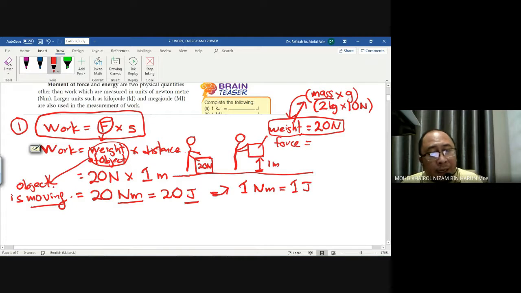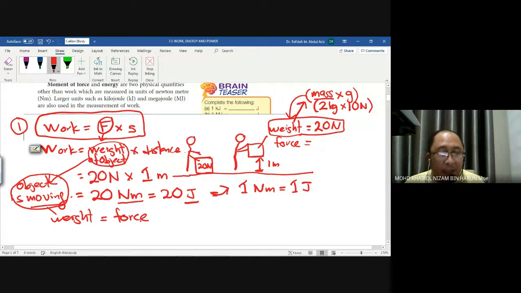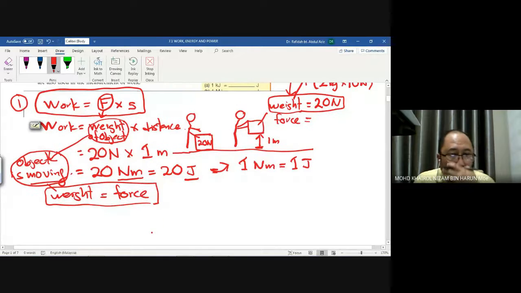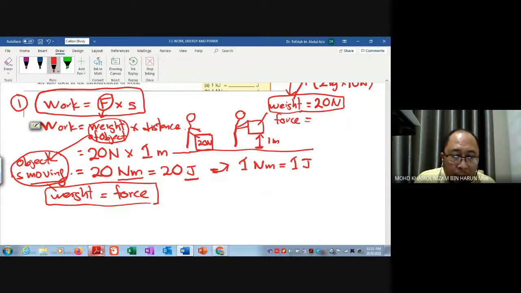Any object involved in the movement of the work done, its weight will be considered as the force in this formula. So this is how to find the value of force in order to calculate work.